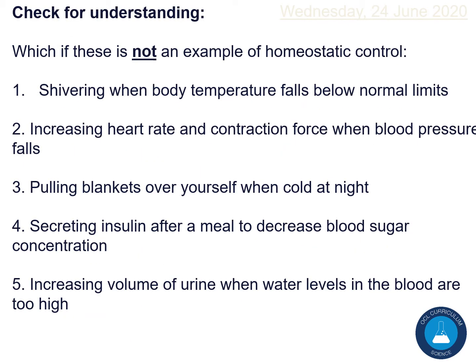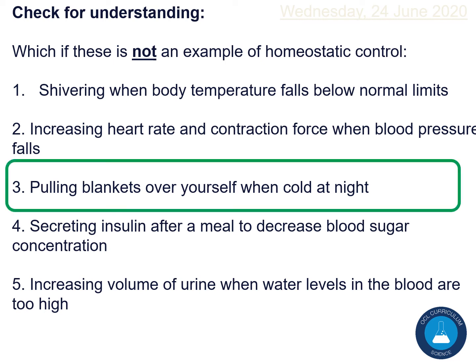Next checkpoint. Which of the following is not an example of a homeostatic control? Pause the video now and restart when you've chosen your answer. You should have chosen number 3. Number 3 is not an example of homeostasis or homeostatic control because you are voluntarily choosing and making a conscious decision to pull blankets over yourself.